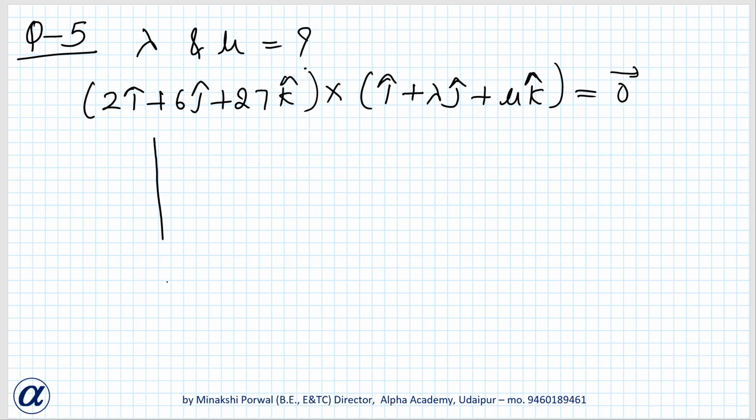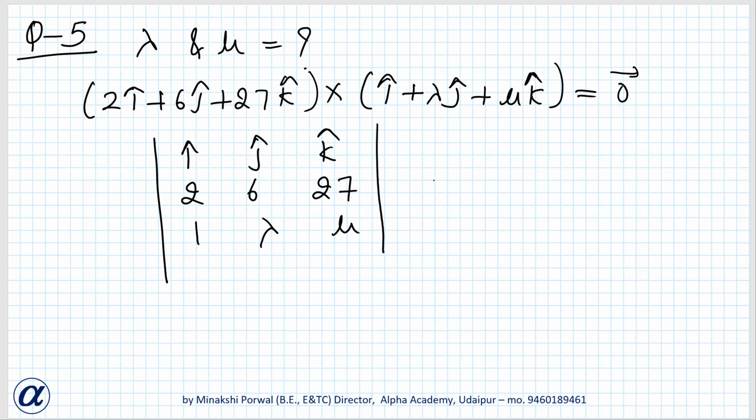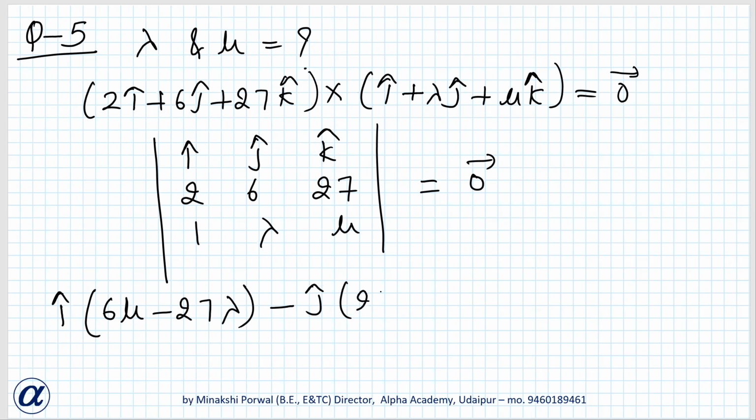We'll write it in this form: determinant ijk, 2, 6, 27, 1, λ and μ, equals a 0 vector. So i into (6μ − 27λ) minus j (2μ − 27) plus k into (2λ − 6) equals a 0 vector.